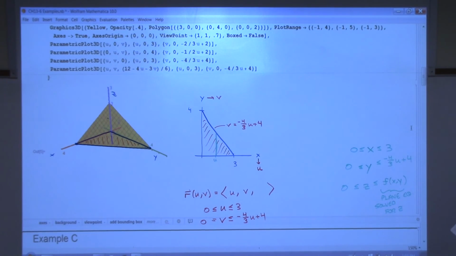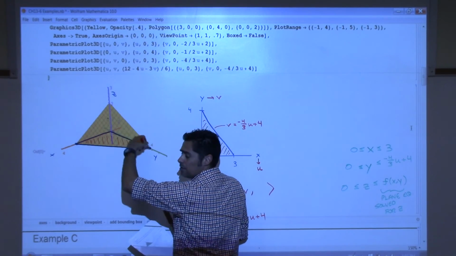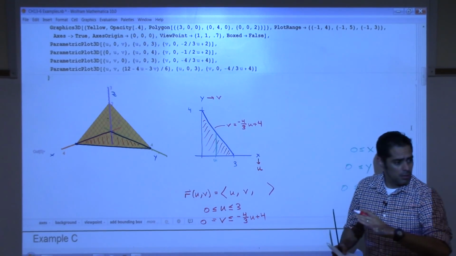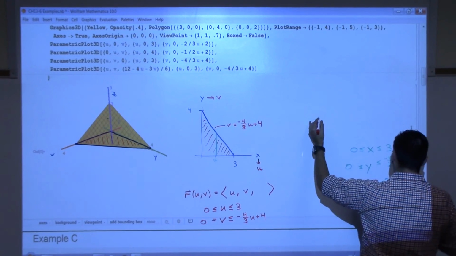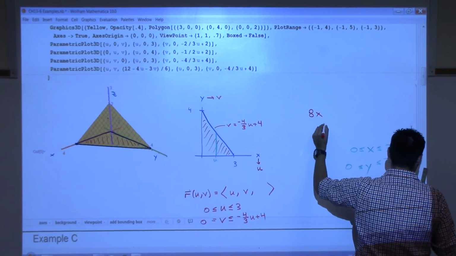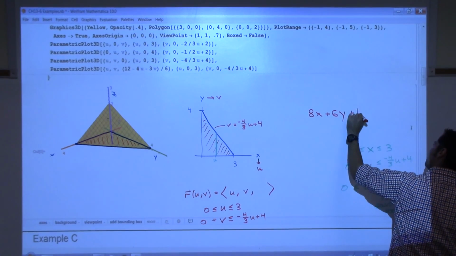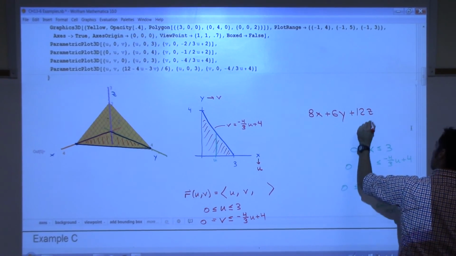My throat's real itchy. You had to find the plane equation, so that's where you took two vectors on there and crossed them and got your normal. Okay. So the plane equation, what I got was this, 8x plus 6y plus 12z equals 24.